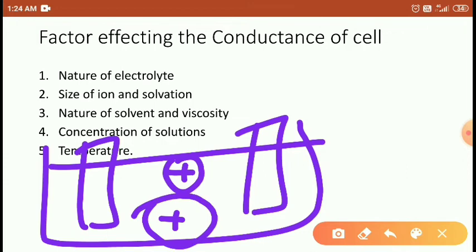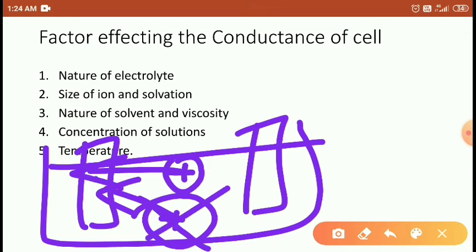So tell me students, which ones move more easily towards the respective electrodes? The small size ions move very fast as compared to the large size ions, because large ions are heavier. Due to that they move slowly toward the respective electrodes, but small ions move faster as compared to large ions. Right students?